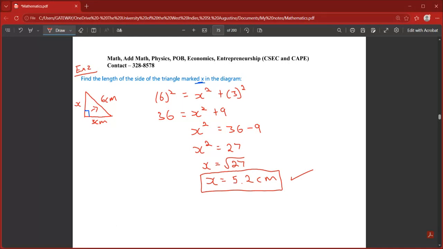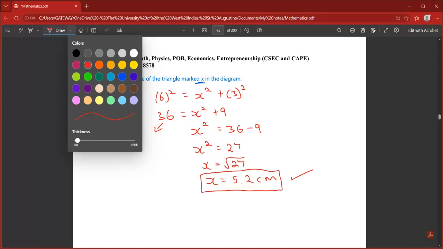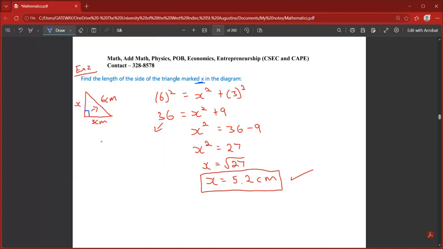So if you want, you can flip this equation here, if the signs are a bit mixed up. You can say x squared plus 9 is equal to 36. That's the same thing as saying 36 is equal to x squared plus 9. Now you want to carry across the 9, so that's why it becomes negative 9. So x squared is equal to 36 minus 9. This is basically transposing the 9.